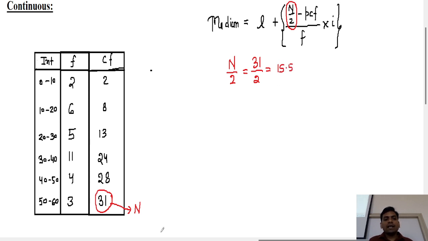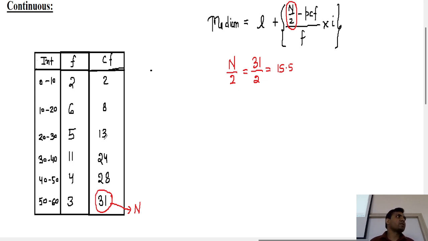As N is part of this CF column, N upon 2 is also part of this CF column. So where is 15.5 in this column? In 24, because 13 is lesser than 15.5 and this is greater. If you have 13 rupees, you can't spend 15.5.